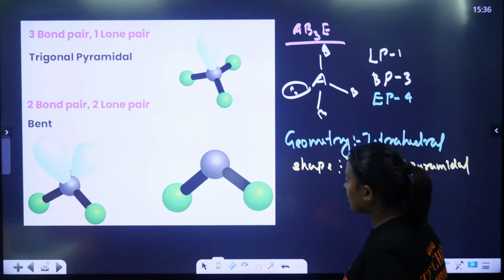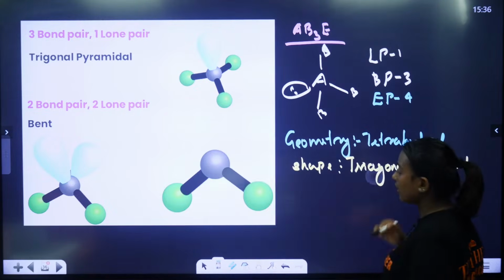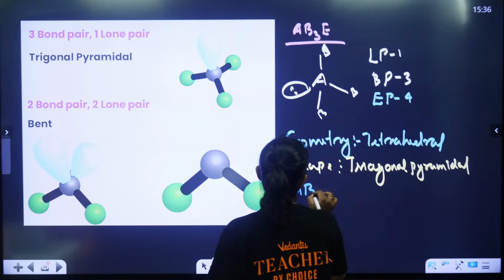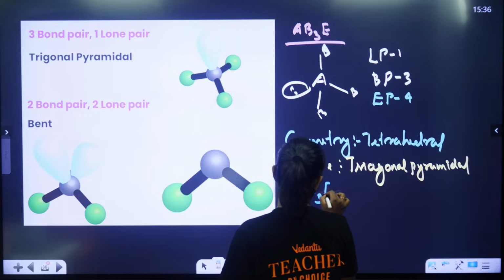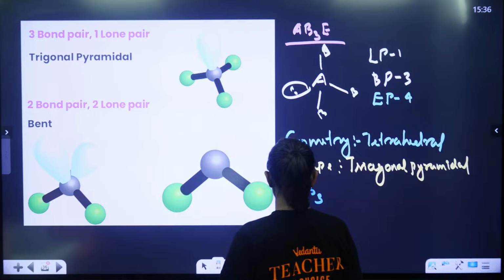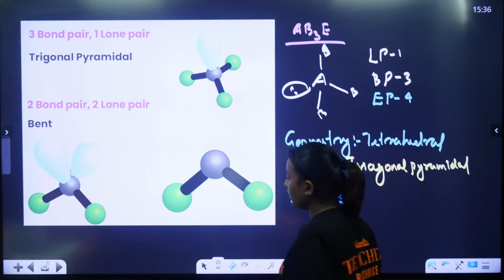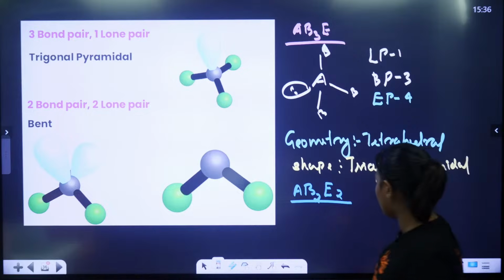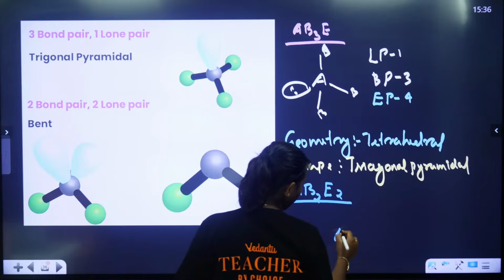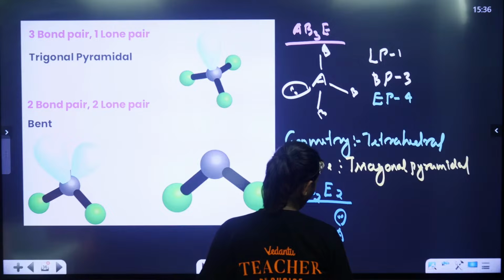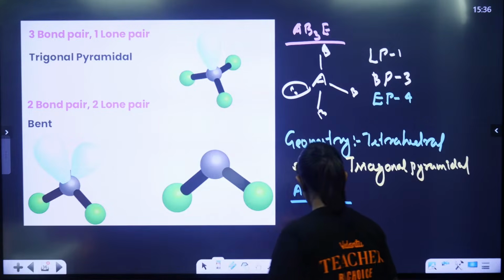Okay, then we are moving to the next type, that is AB2E2 type. AB2E2 type means A has two lone pairs and two bond pairs.